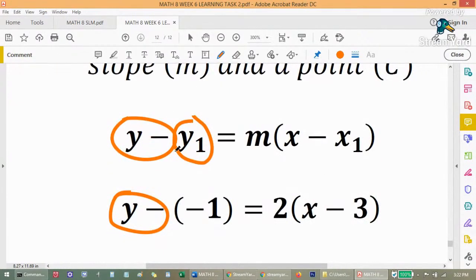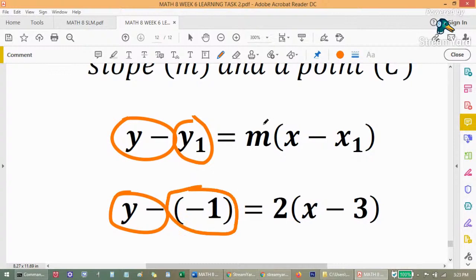So, papalitan natin ang y sub 1 ng negative 1. Again, may parenthesis kasi meron tayong sign dito, no? Kaya kailangan lagyan natin ng parenthesis para hiwalay itong minus dito sa minus dun. Okay?